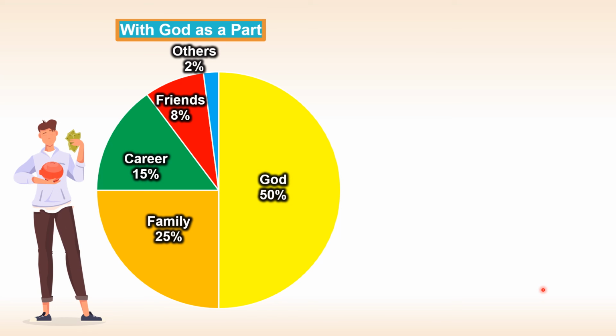Let me end my video with a food for thought. If we only give God a part of our life, we see others, family, career, friends in their corresponding percent.